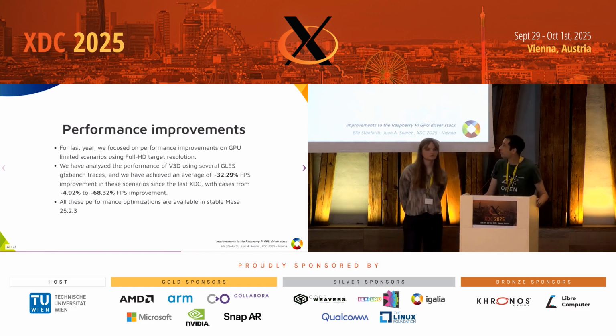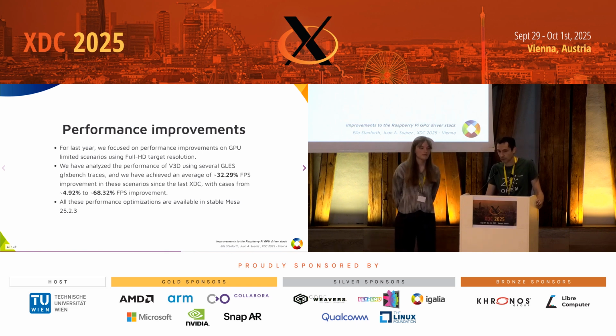Yeah, so besides the work that Ella was mentioning, and also, of course, working on the bug fixing and things like that, one of the things we're trying to do was improving the performance of the driver. Basically, we focus on the OpenGL driver because this is the driver used by the desktop, and we were trying to improve and search for scenarios where the GPU was the limiting part.